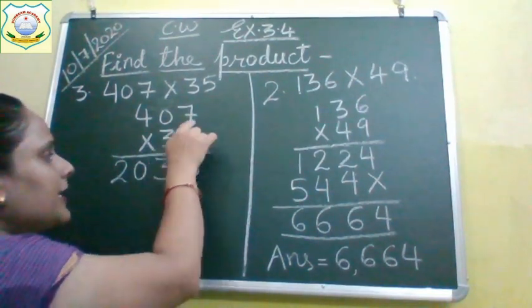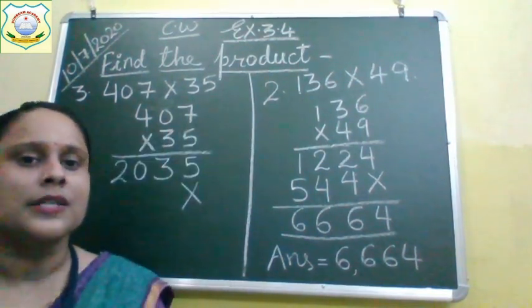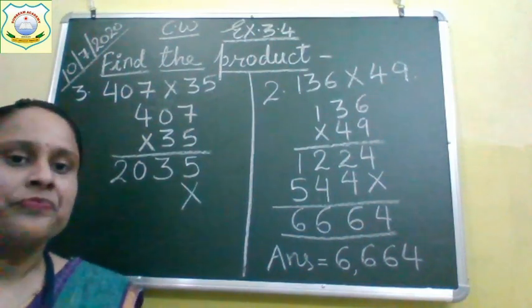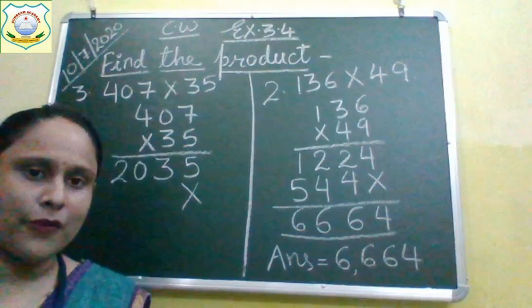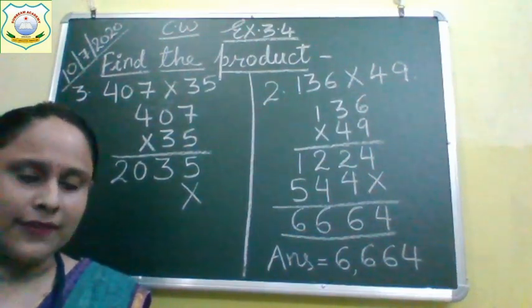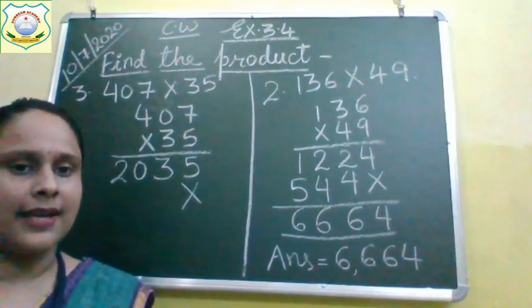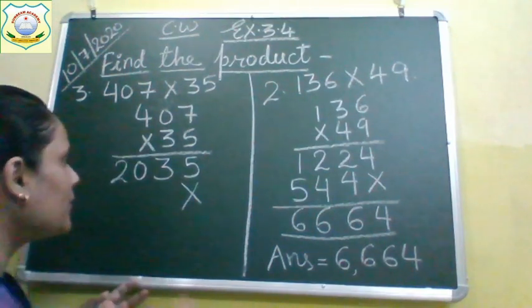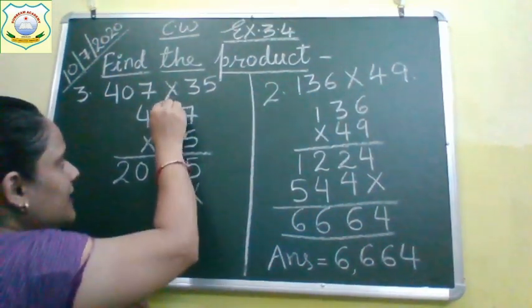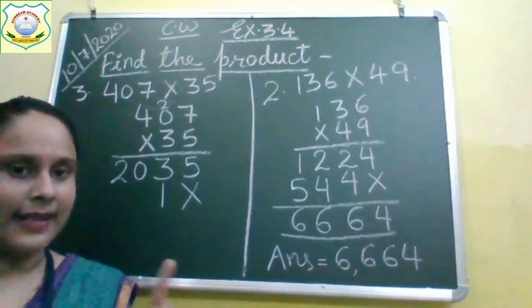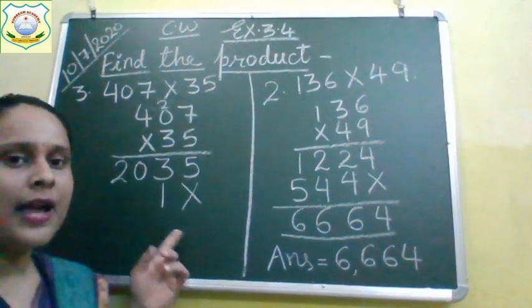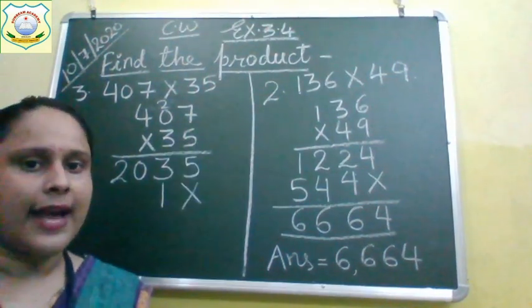So now say the table of 3 7 times. 3 ones are 3, 3 twos are 6, 3 threes are 9, 3 fours are 12, 3 fives are 15, 3 sixes are 18, 3 sevens are 21. So write down 1 and take 2 as a carry. In 21, 1, the last number, will be written down and 2 will go to carry.